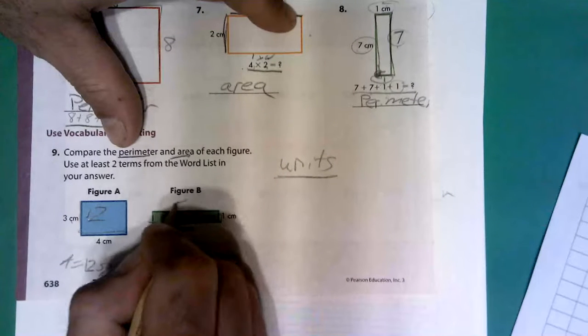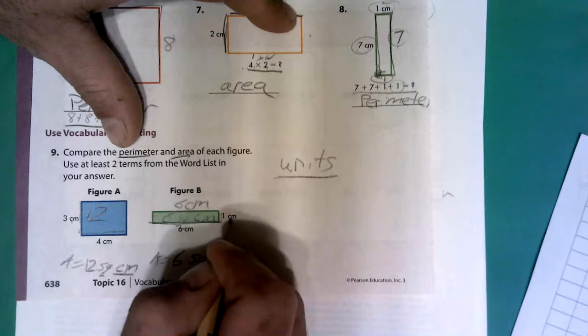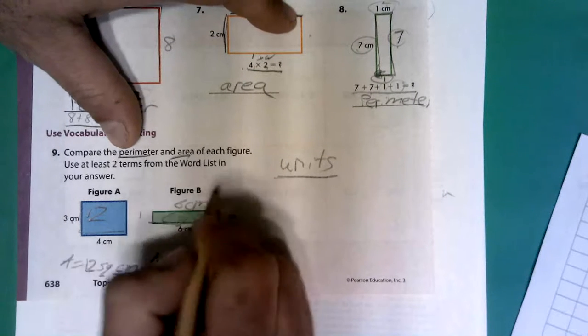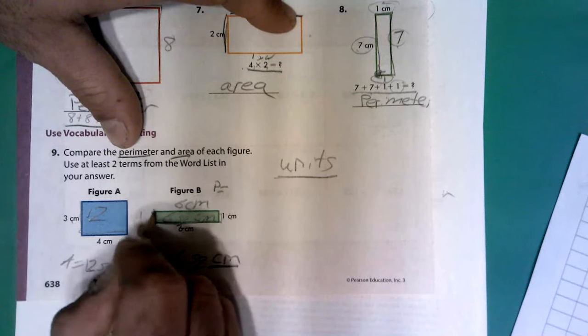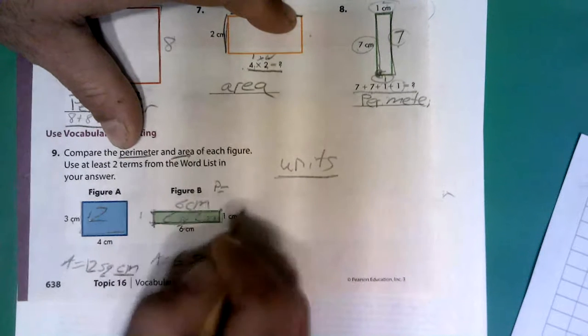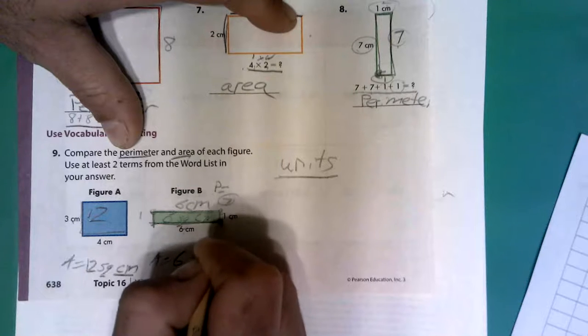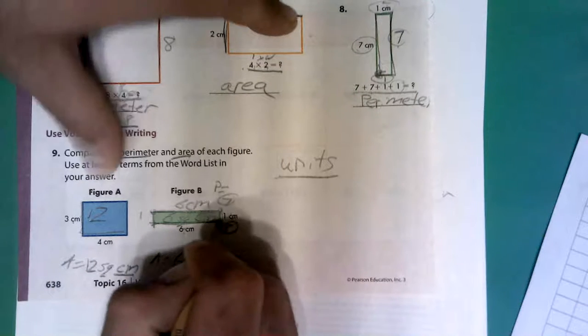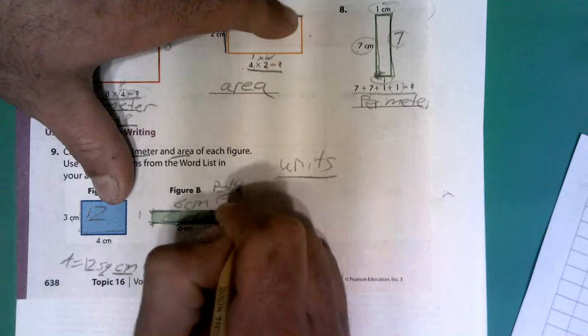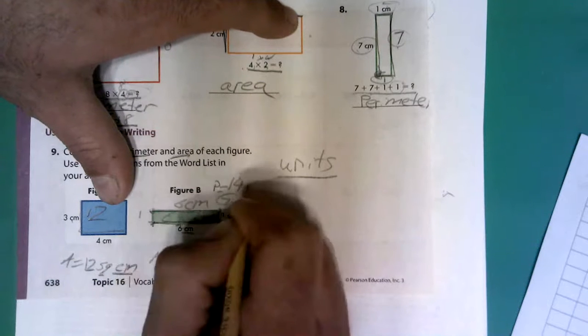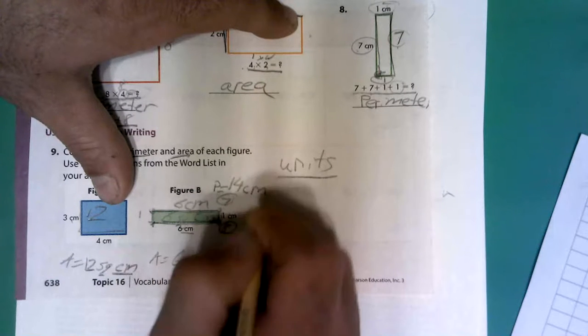Perimeter. So let's figure the perimeter for this one. Let's add. So the perimeter for figure 1 is 1 plus 6 is 7. 7 plus 1 is 8. And 8 plus 6 is 14. And remember, it's not square units, just a unit, centimeters.